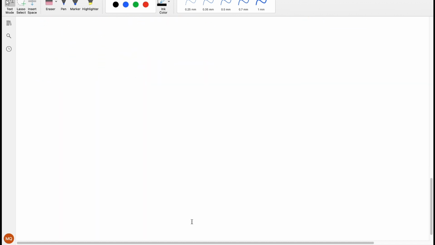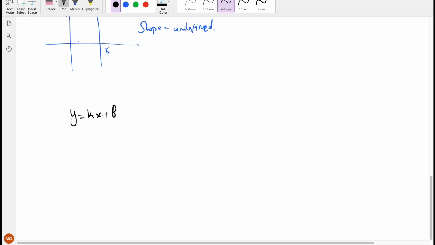Okay, now let's turn to finding slope from an equation. We say that when it is y is equal to kx plus b, slope is k. So for example, when y is equal to 5x plus 10, we can say that slope is 5.